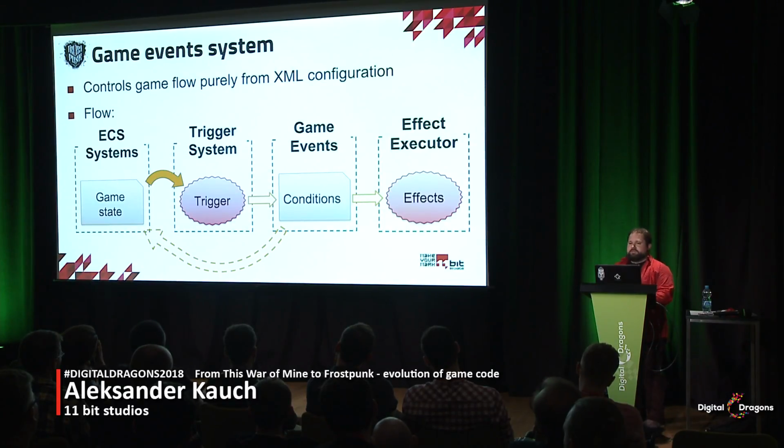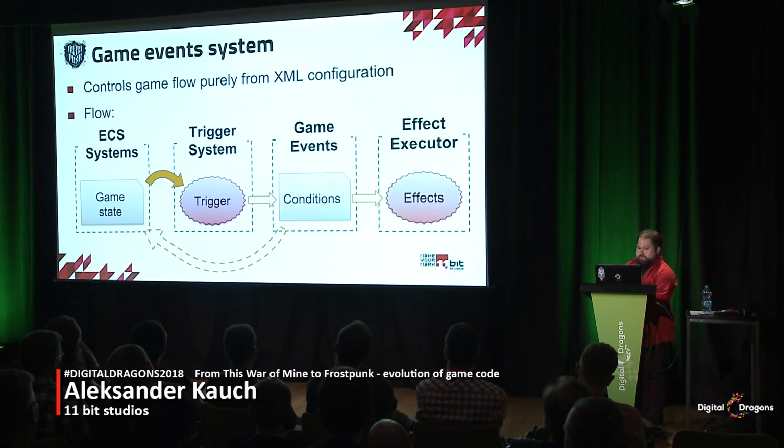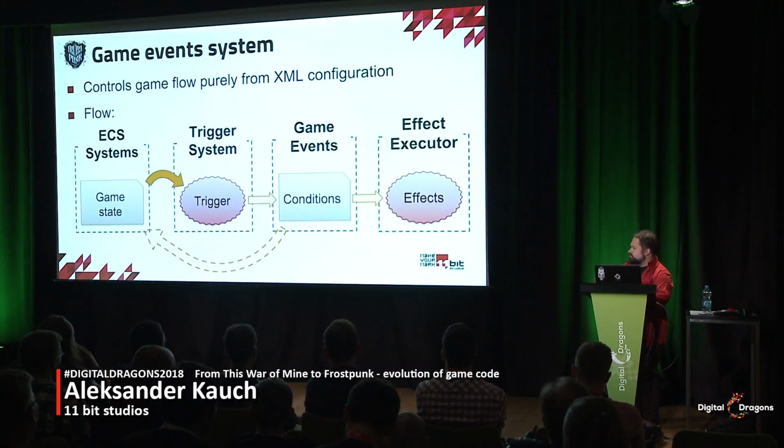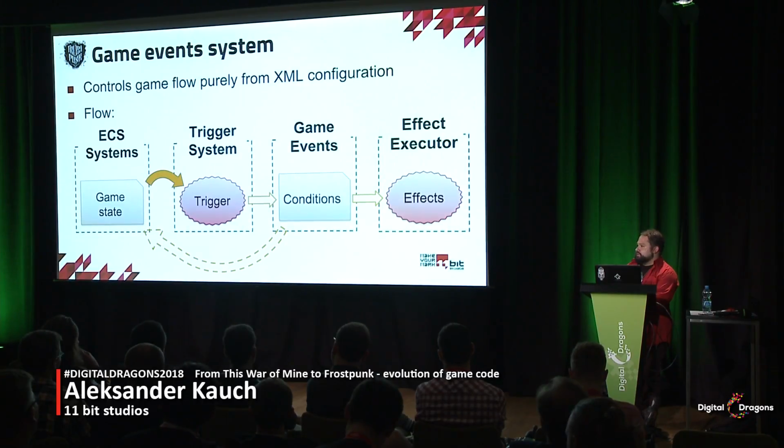Game event system is a system that, via XML configuration, allows the designers to follow this kind of flow. We get the data from ECS systems, which track the component data and so on.